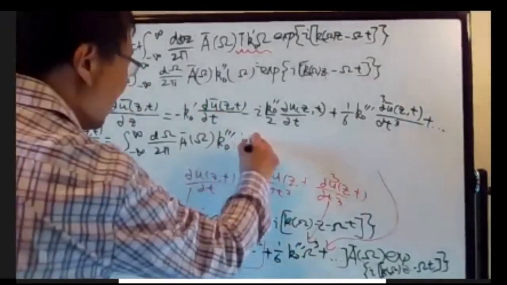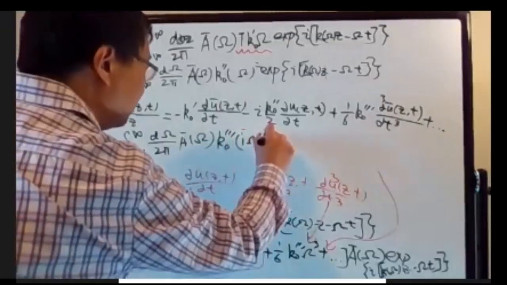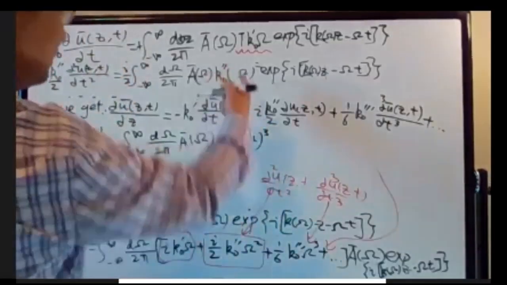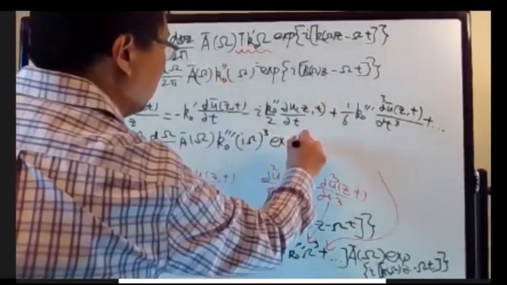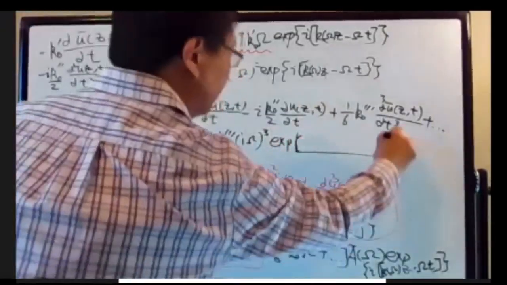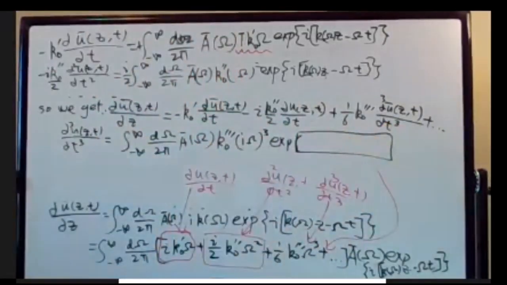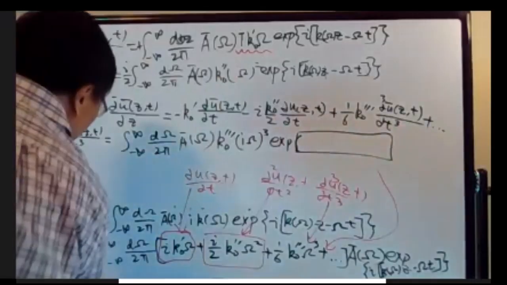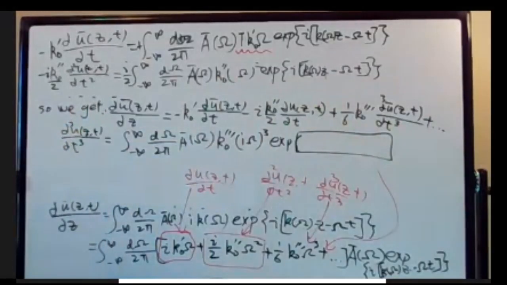And then i omega third order, right? Third order, an exponential big chunk. I'm going to skip, right? A big chunk. Okay, now we have an i here, right?